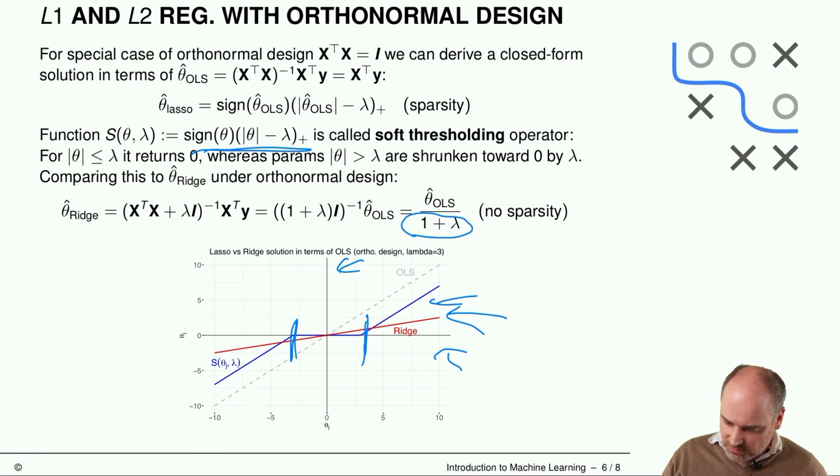And outside of this, we do a little bit of shrinkage. And that happens under the orthonormal design. This soft thresholding actually still happens in a slightly more complicated way for non-orthonormal designs. And like I said, we'll look at this in a deep dive later. But the spirit of the analysis is still true for the more complicated and general scenarios.